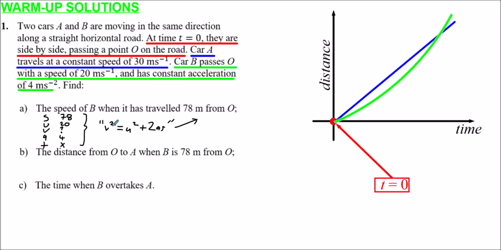So v squared, this is what we're trying to find, is going to be u squared, which is going to be 20 squared, plus 2 multiplied by the acceleration, which is 4, multiplied by the displacement at this point, which is 78. So if you use your calculator for that, you should hopefully find that v squared is 1024. So therefore, v will be the square root of 1024, which gives 32 meters per second.